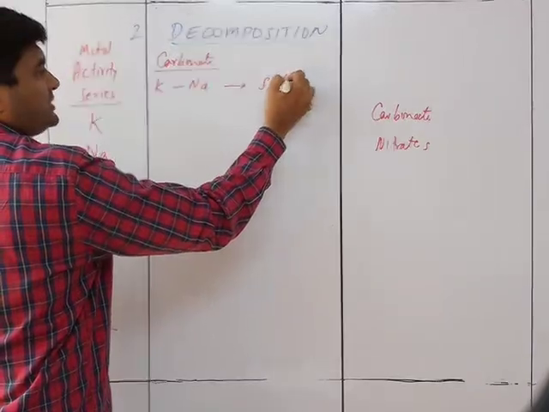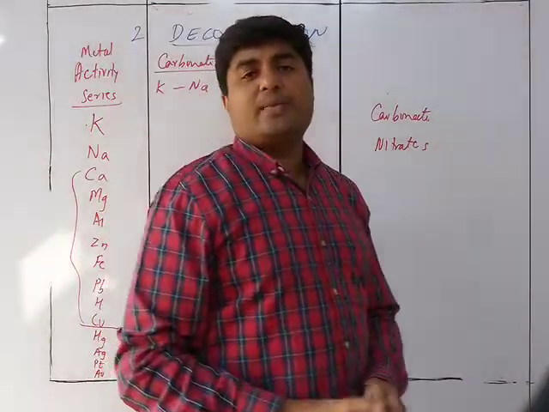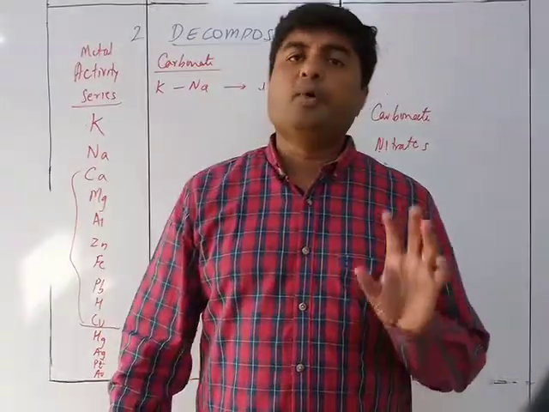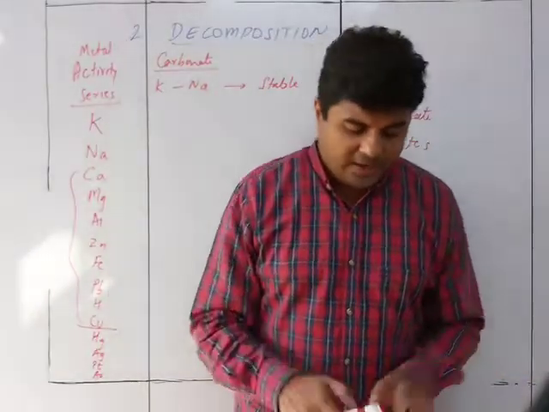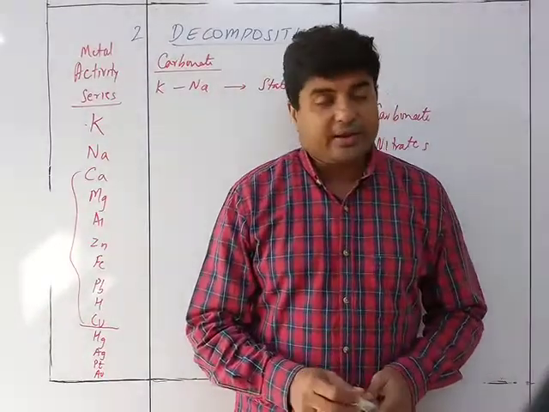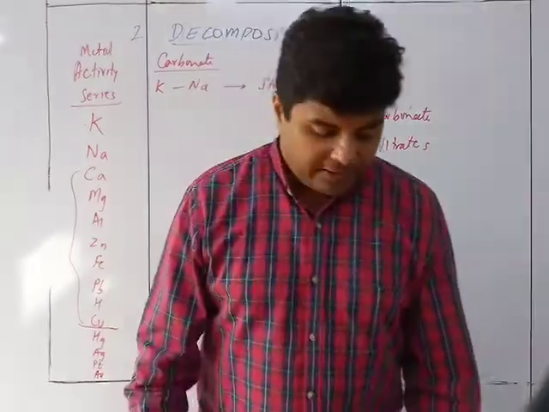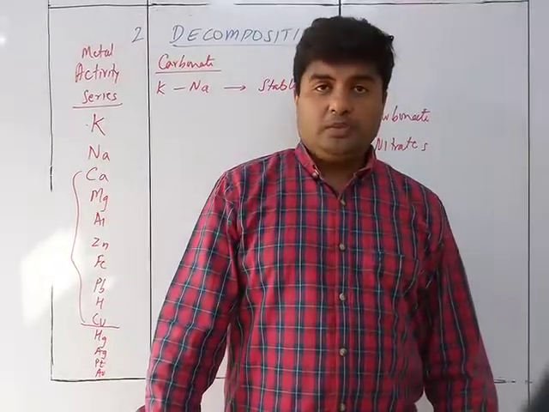So carbonates of K and Na are stable: potassium carbonate K2CO3, Na2CO3, both कितना भी हीट कर लो कुछ नहीं होगा. The CO3 is not going to give you any kind of decomposition at all.